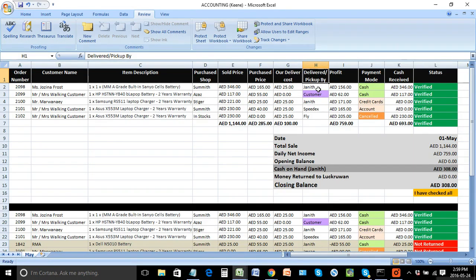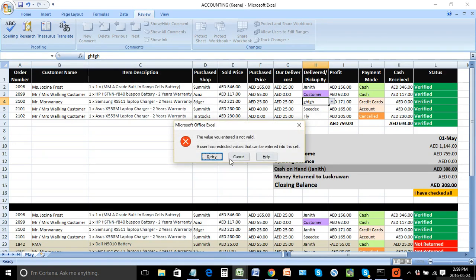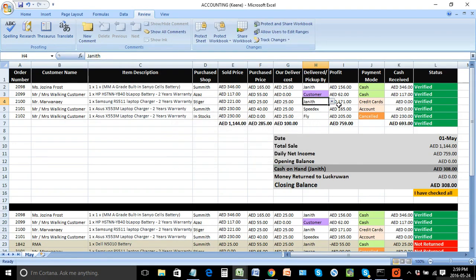And here I've done something good, which is I've changed the text into a drop down menu. So this way you can't just type anything here, mumbo jumbo. See, it won't work. You have to select from the drop down menu. Therefore you can't muck around with the sheet anymore. So you have to select who's going to pick up or who delivered this item.